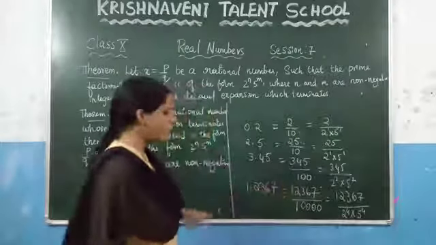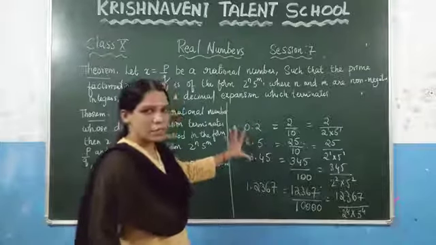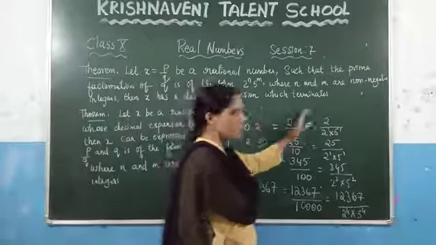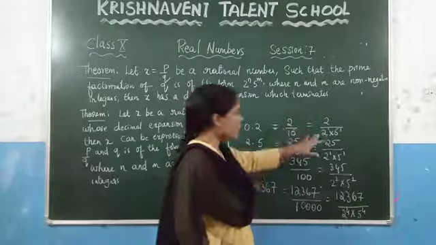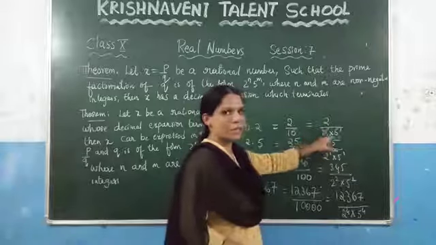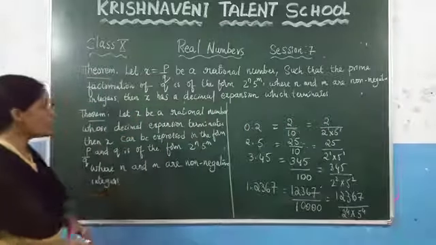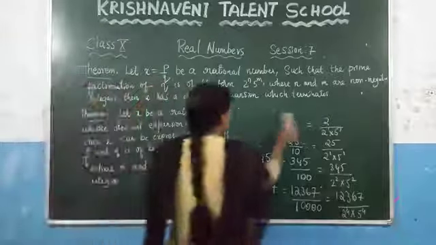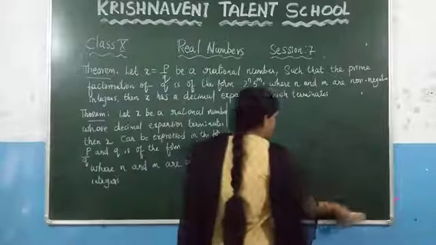That means if you take any decimal number which terminates, then the decimal number can be expressed in the form of p by q, that means in the form of a fraction, and the denominator must be in the form of 2 power n and 5 power n. This is the theorem. Now see the above theorem. What it states here is the converse of the previous theorem.